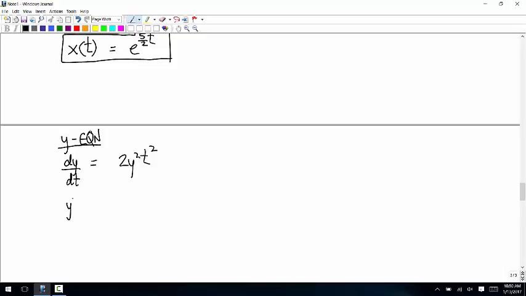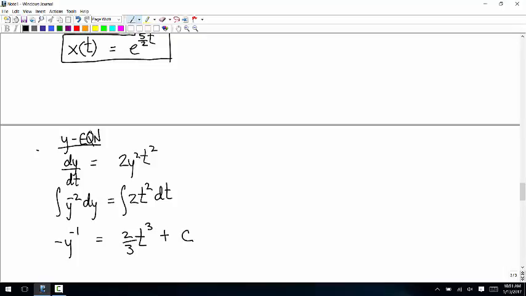So we have y to the minus 2 dy is equal to 2t squared dt. Integrate both sides, and you get negative y to the negative 1 is equal to 2/3 t cubed plus a constant I'll call c2.